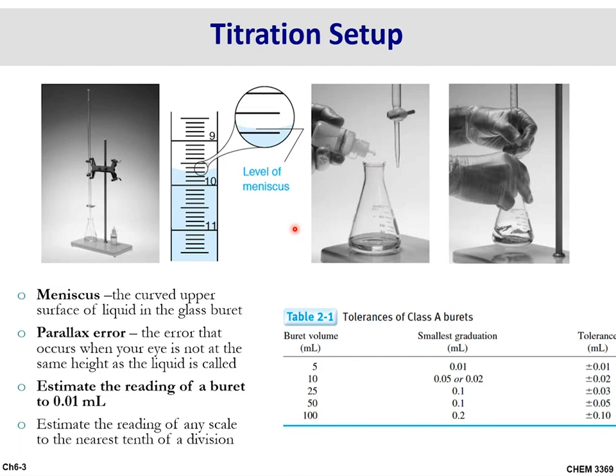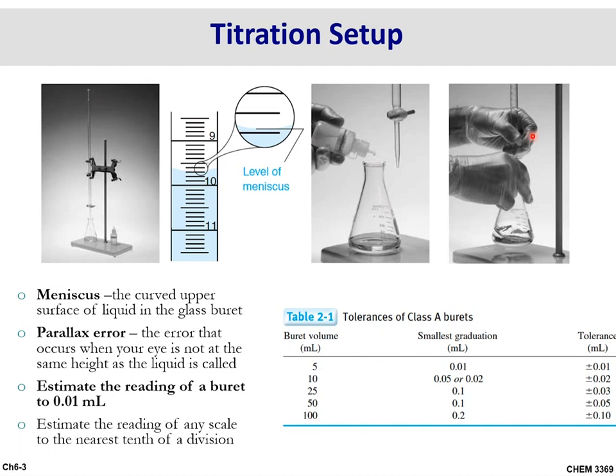Now, during the titration, the last picture here on the right shows someone adding the standard titrant from the burette into the solution. So you can see that the titrant is added to the flask with swirling.